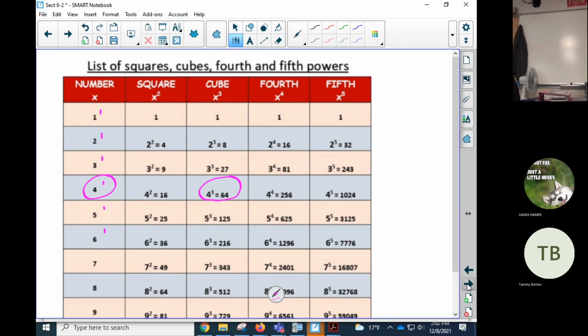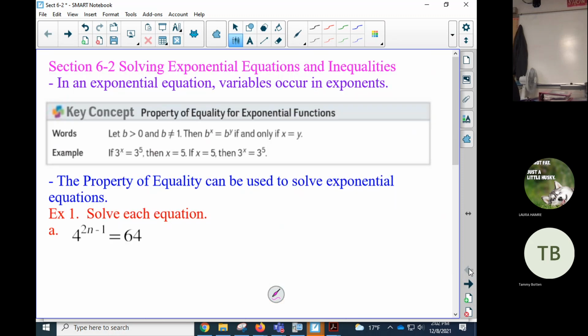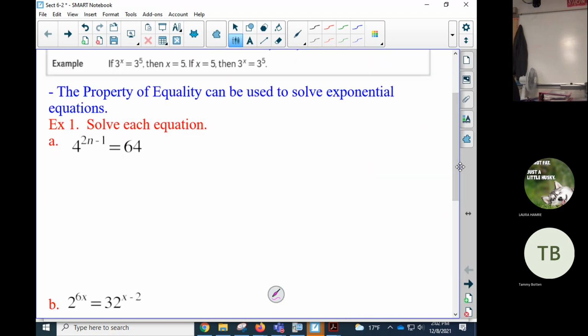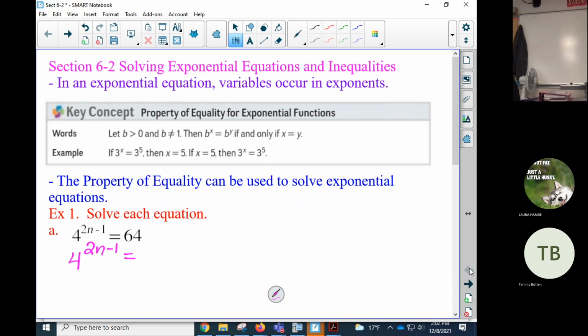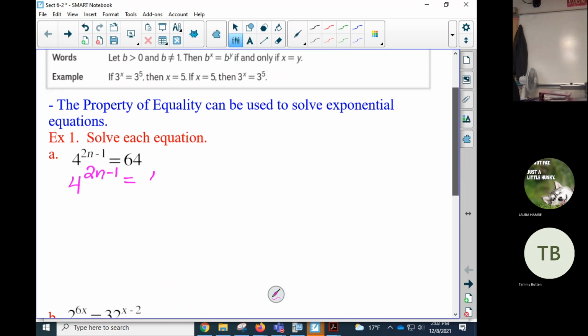And one of our numbers was 4, and one of our numbers was 64. So when I go back here, I'm going to keep the 4 as is. I'm going to leave that just as 4 to the 2n minus 1. But 64, I am going to write as 4 to the third power, because then I have both of them to the same base.